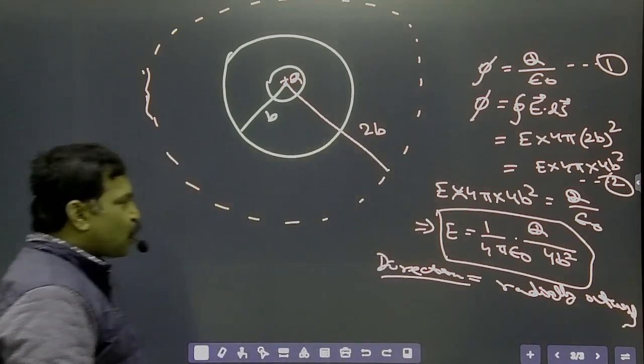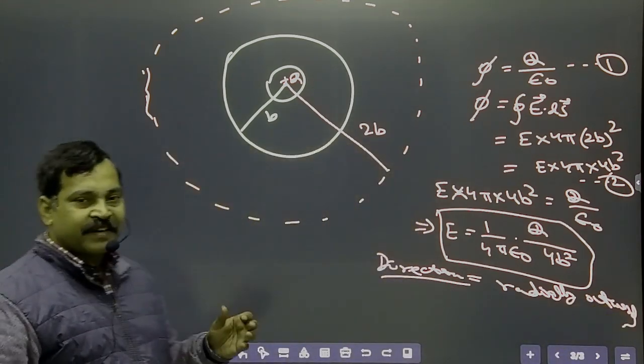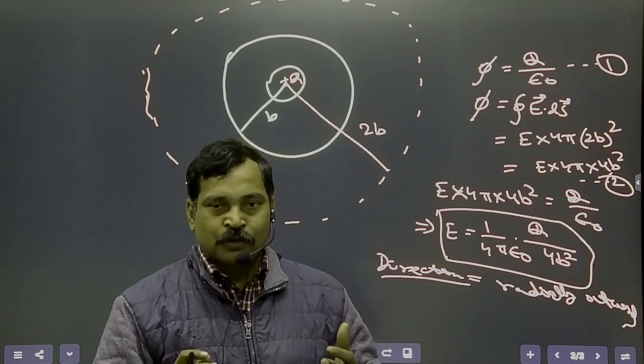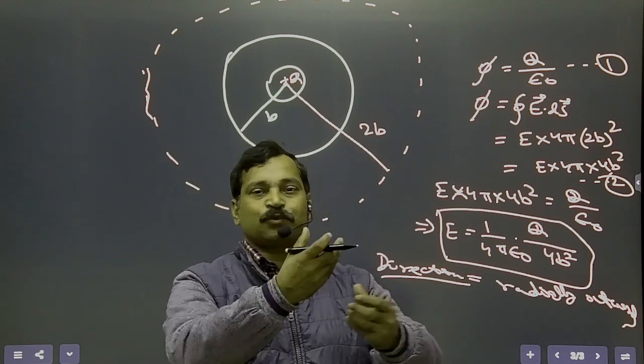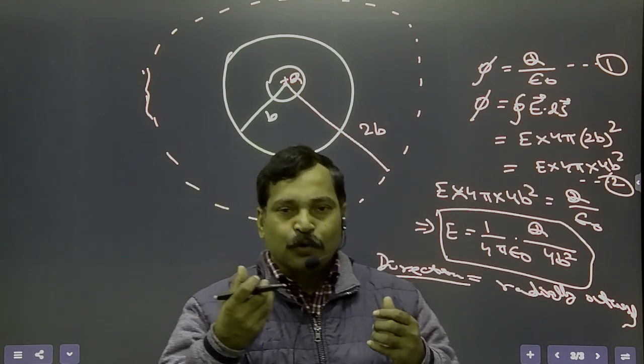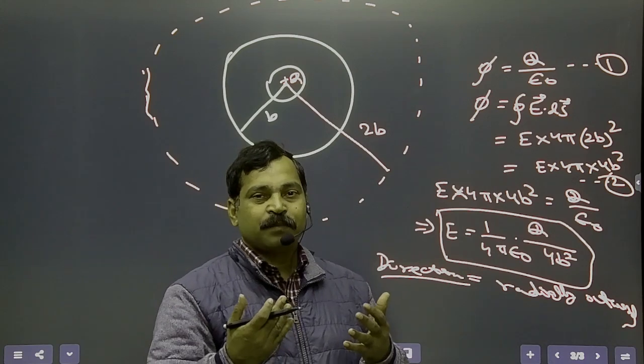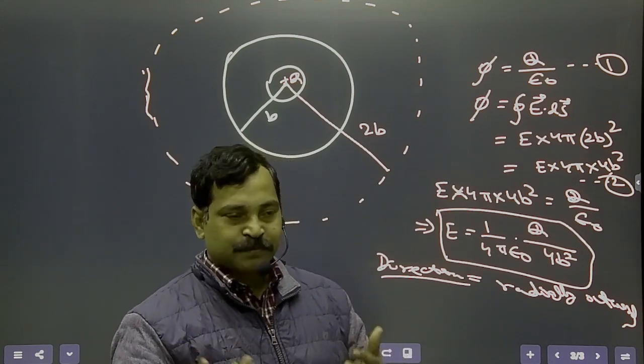To solve this question, you need the basic concepts regarding Gauss law. What does Gauss law state? The total flux coming out from an enclosed Gaussian surface is equal to the charge multiplied by 1 upon epsilon naught.